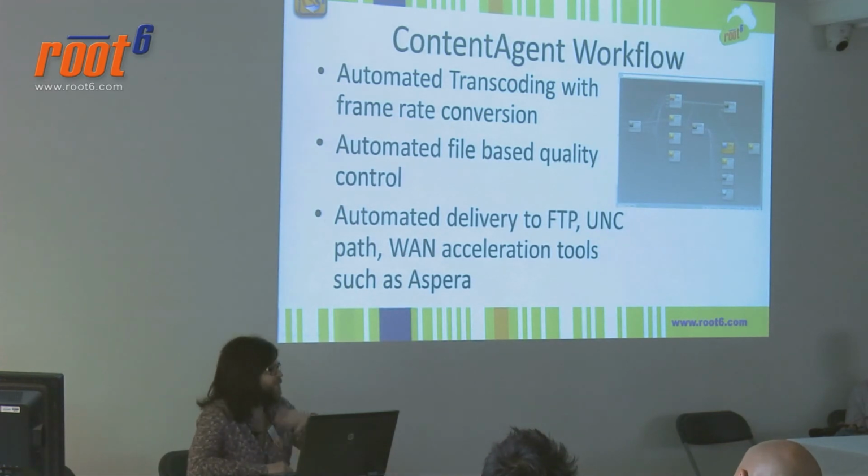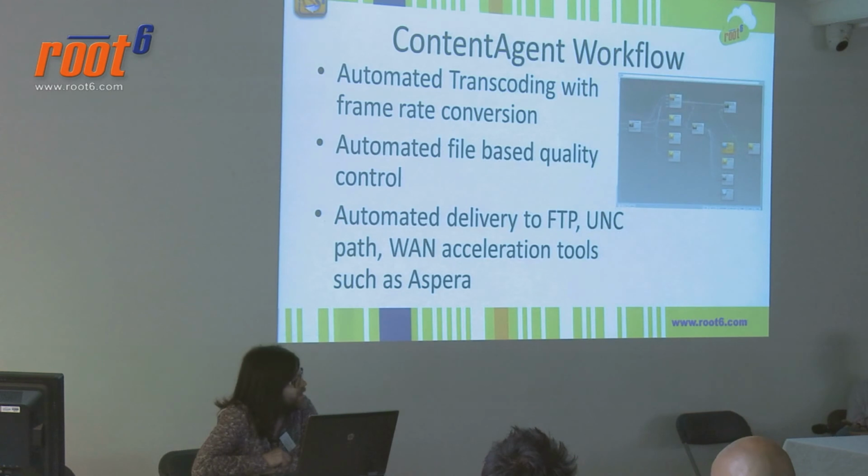Whether it's FTP or rendering out to a UNC path or using an Aspera WAN acceleration product, you can build a complete file-based frame rate conversion delivery system, which is obviously difficult to do when you're having to go back to baseband in and out of something like an Alchemist. And that is the end of my little presentation.